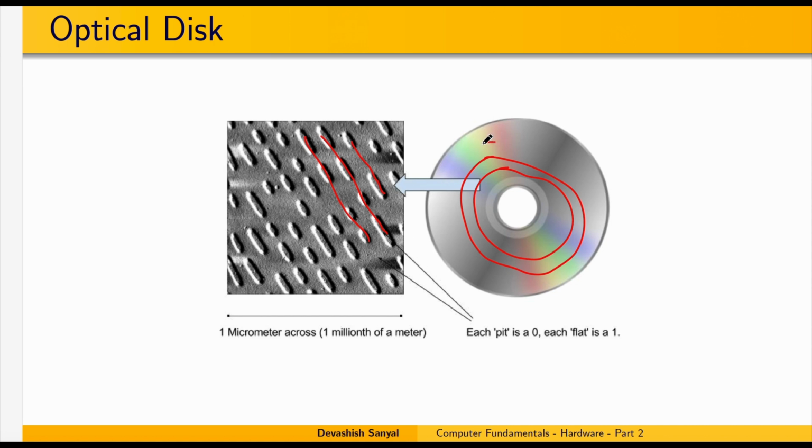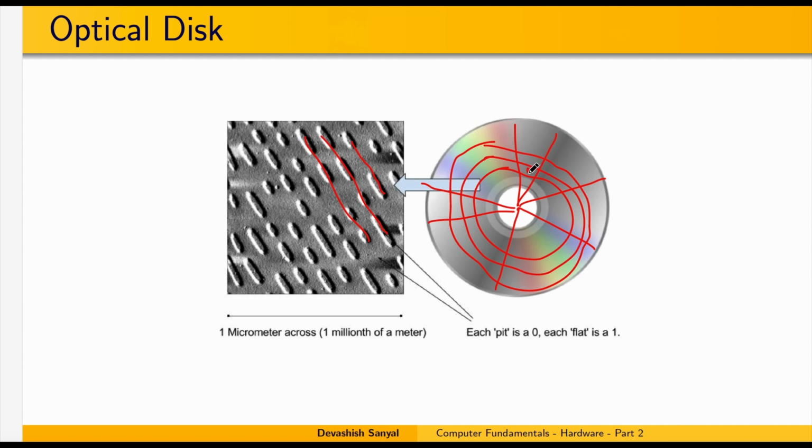Like this you have circles which contain these pits and lands, and then from there you have this kind of radius. So you have these radial drawings. So actually information is stored in things like this.